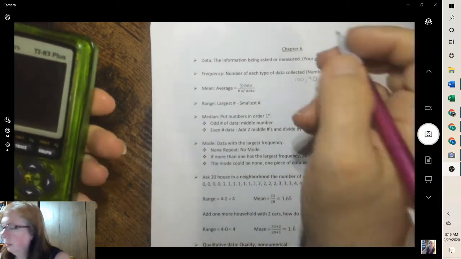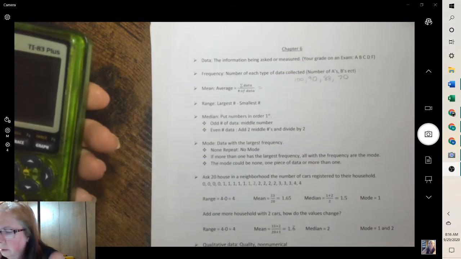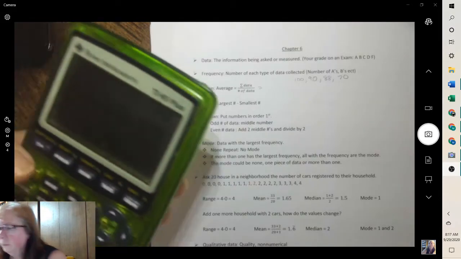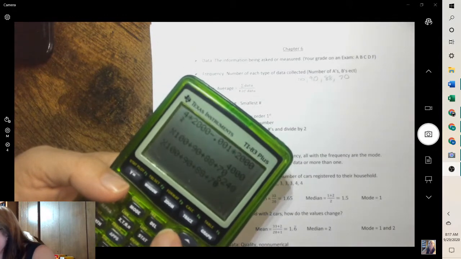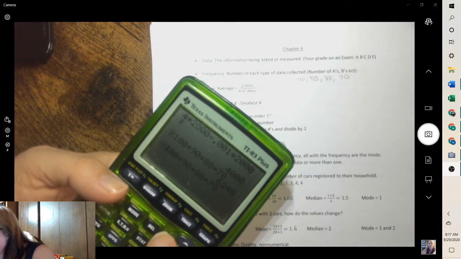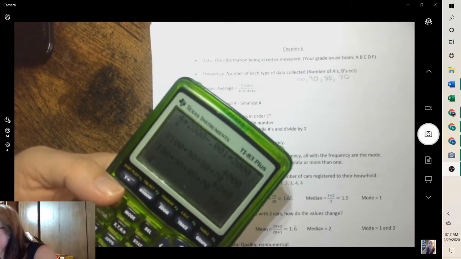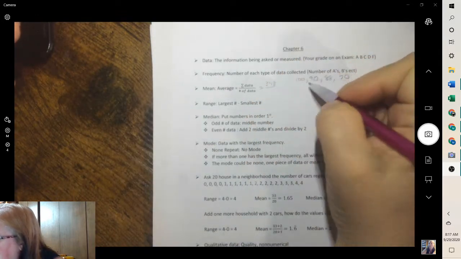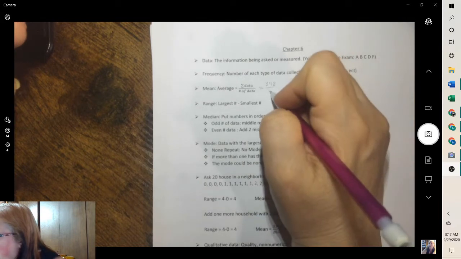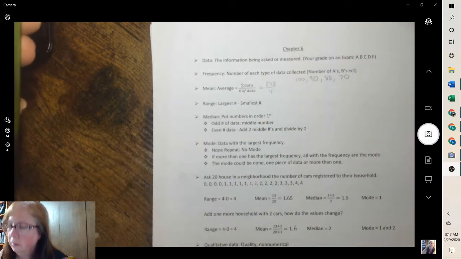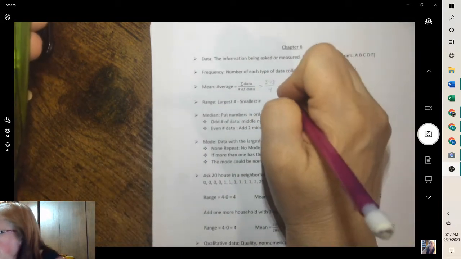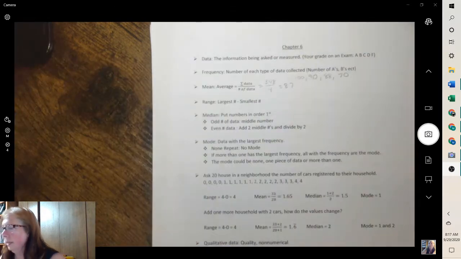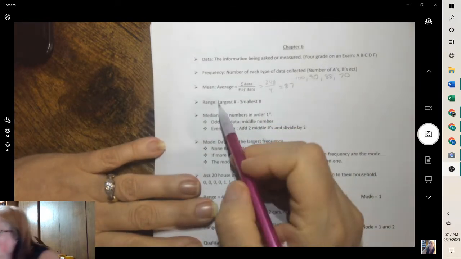And we get 348. Divide by 1, 2, 3, 4, and you get 87. So it's just adding them all up and seeing how many there are.